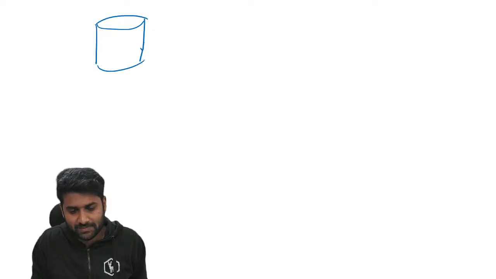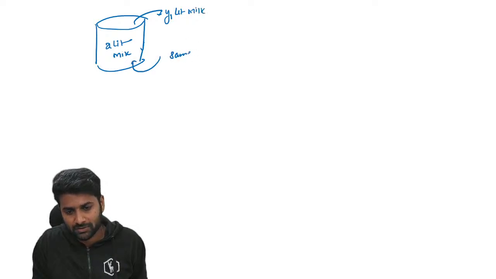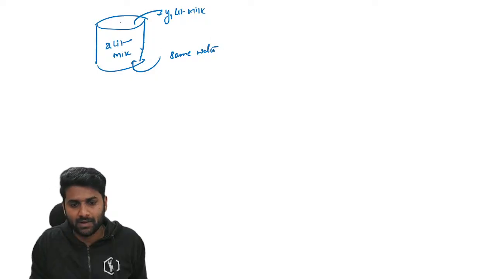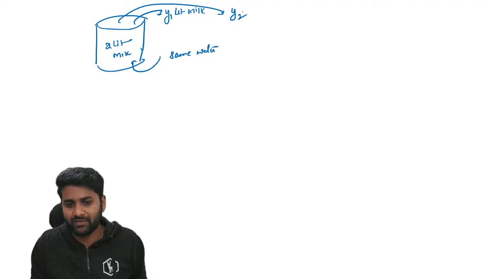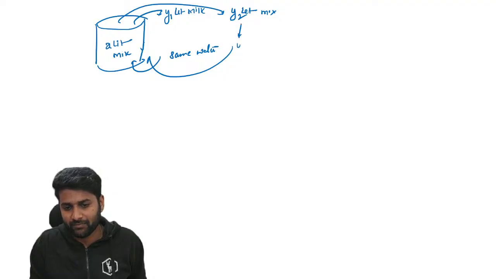So let's go for the second case here. Understand that? I'm just repeating the information. In a flask or container, we have X liters of milk. And we are removing Y1 liters of milk and replacing the same amount of water. And again we are removing Y2, let us take a different quantity, Y2 liters of mixture, replacing the same Y2 liters with water.